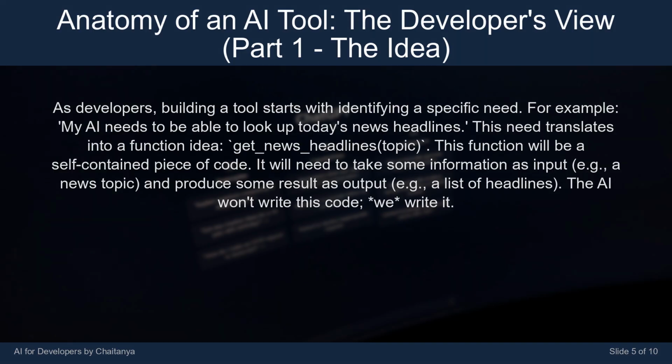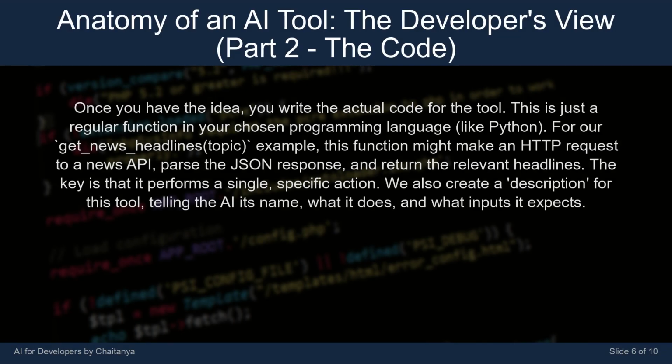We write it. Once you have the idea, you write the actual code for the tool. This is just a regular function in your chosen programming language, like Python. For our get_news_headlines(topic) example, this function might make an HTTP request to a news API, parse the JSON response, and return the relevant headlines.